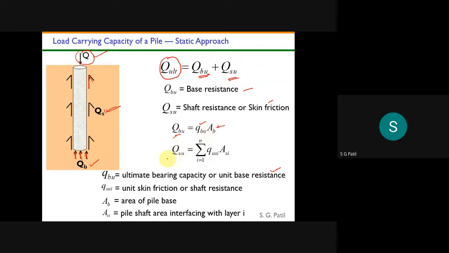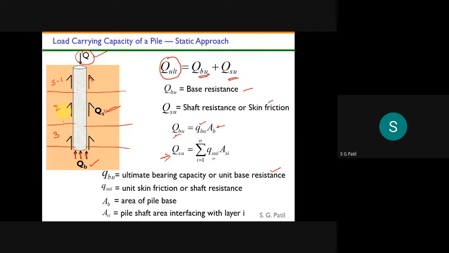Then what is QSU? QSU is your shaft resistance or skin friction. It is equal to the summation of small qsui into surface area. Why am I taking a summation here? Because we will have different soil layers, maybe soil 1, 2, 3.